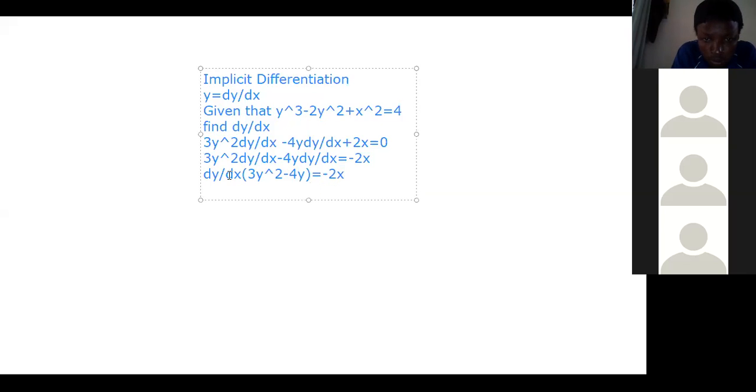So we want to find dy dx. So we will let dy dx stand on its own. Then we are going to get dy dx is equal to minus 2x all over the bracket 3y squared minus 4y.